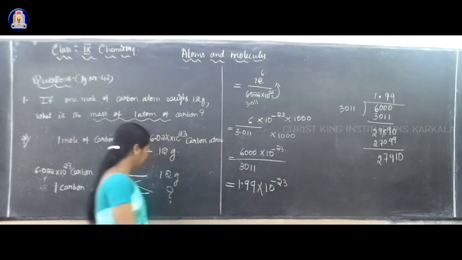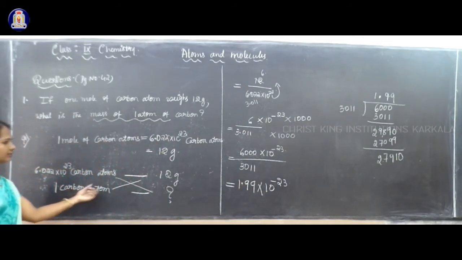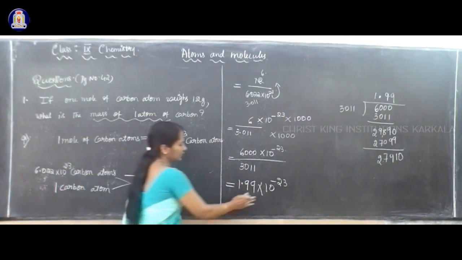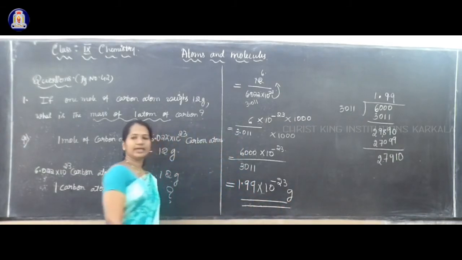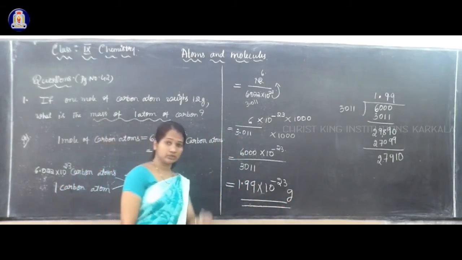This is the carbon atom weight, in grams. 1.99 into 10 to the power minus 23 gram.